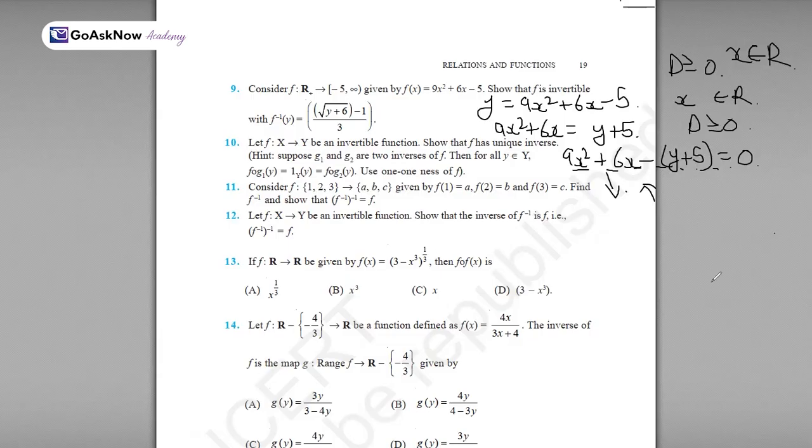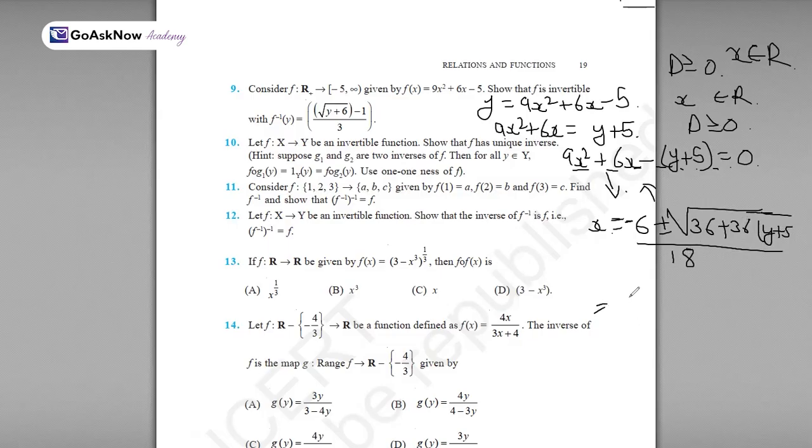I hope that you are aware of this Sridharacharya formula. So x value will come as minus b. What is b here? 6. So minus 6 plus or minus root of b square, that is 36, minus 4ac, so it will come as 4 into 9, that is 36, into (y plus 5), and upon 2a, that is equal to 18.